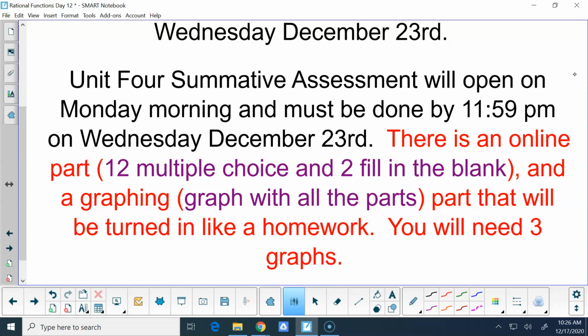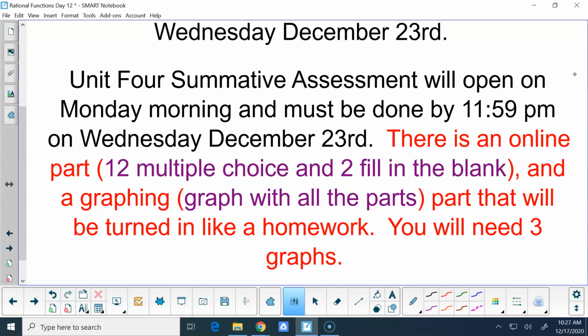Okay? So the first part is going to be a mix of multiple choice and fill in the blank questions. One of the questions in that online part, you're going to have to write down 3 equations, 3 functions. And you're going to have to graph those 3 functions for part 2.